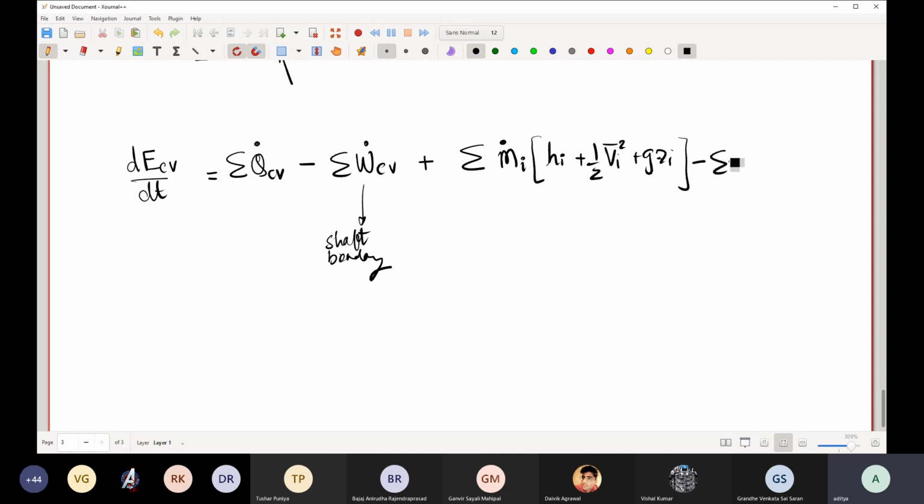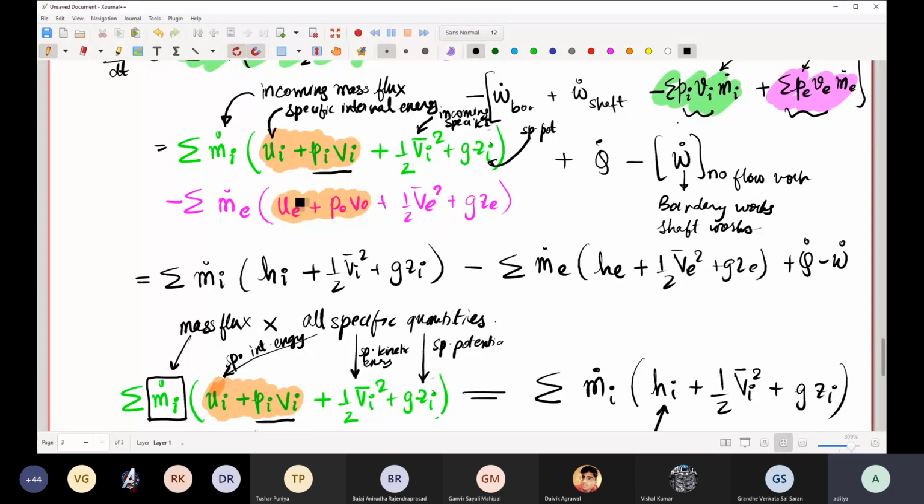minus whatever mass flux is leaving the system is taking away with it a certain amount of enthalpy at the exit condition plus half V_e squared, pardon me, plus g z_e. Okay, how do you interpret this expression? That when the mass exits, it takes away the specific internal energy at the exit condition.